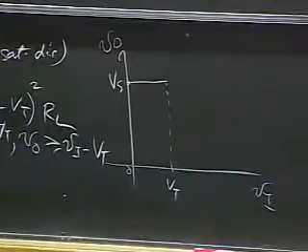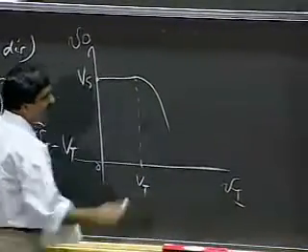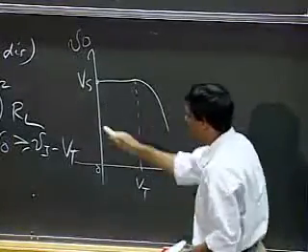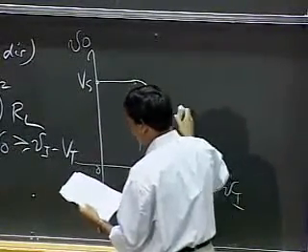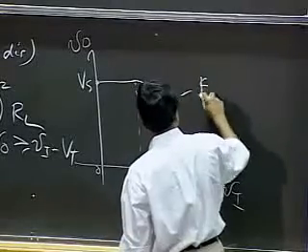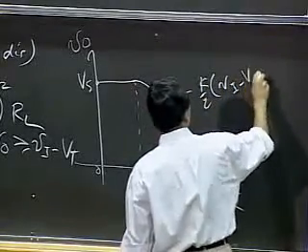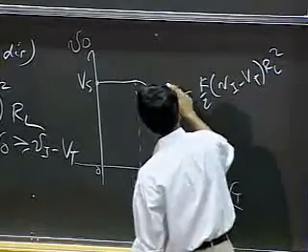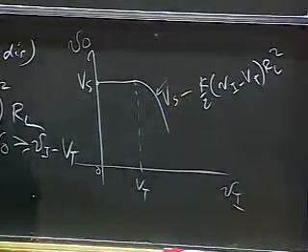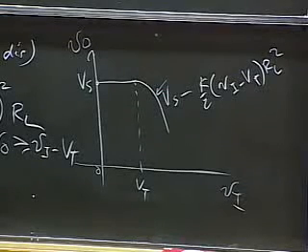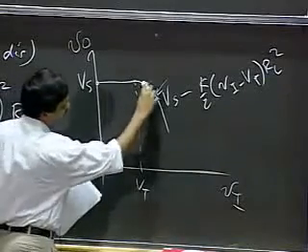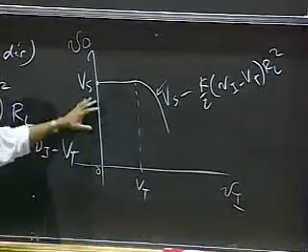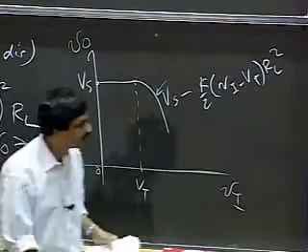So until VT, I have VS, and then following that, I get the square law behavior articulated by this equation, and this was simply VS minus... Okay, so that's the first part. You've seen this before. The transfer function shows that I have a square law dependence between VI and V0.